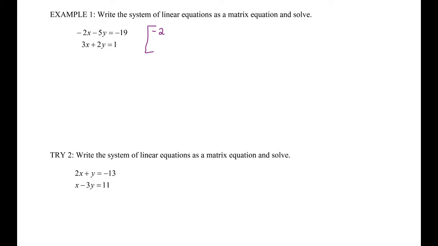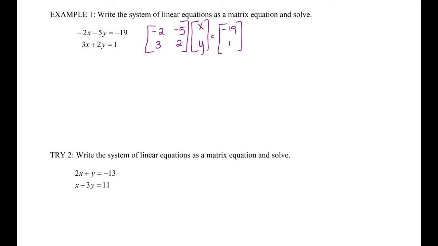So I have -2, -5, 3, and 2. And we're going to multiply this by our matrix X, which are our variables. This is what we're trying to solve for. And it's going to be equal to our two terms on the right side of the equal sign, -19 and 1.